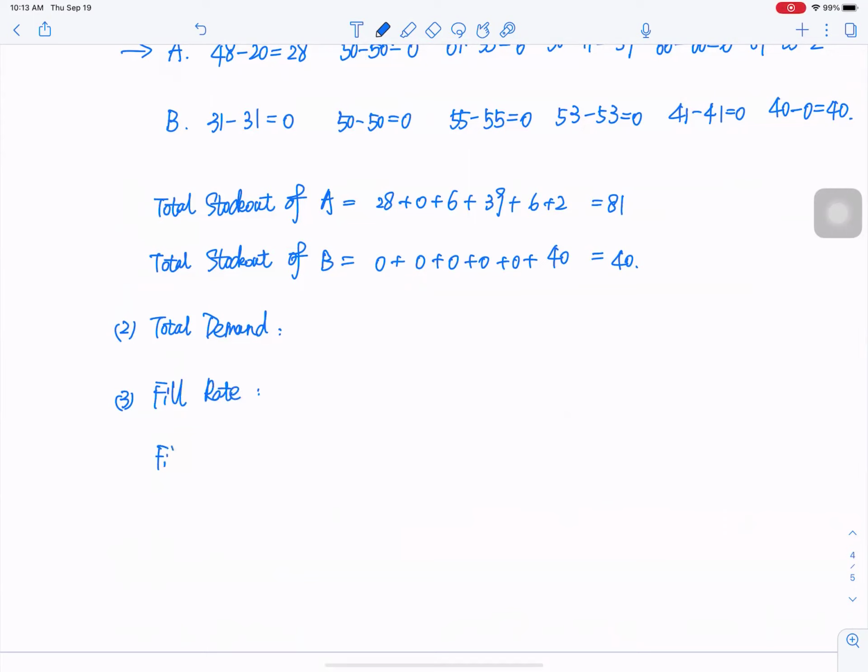So fill rate of A equals 1 minus total stock out of A, which is 81, divided by total demand, which equals 332, which equals 1 minus 0.24, which equals 0.76.